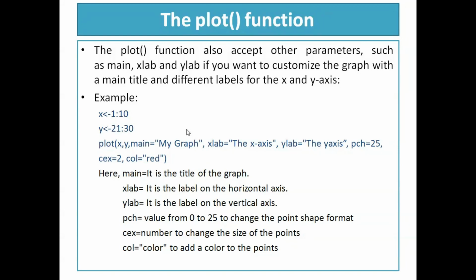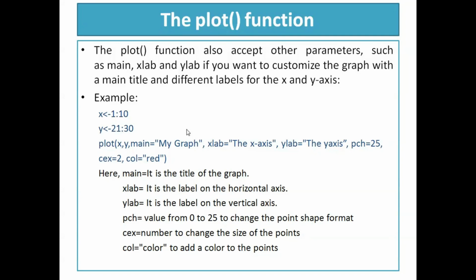Then xlab is there to label the horizontal axis. ylab is there to label the vertical axis. And other parameters are there like pch. This takes values from 0 to 25, and depending on the value, it defines the shape of the point.